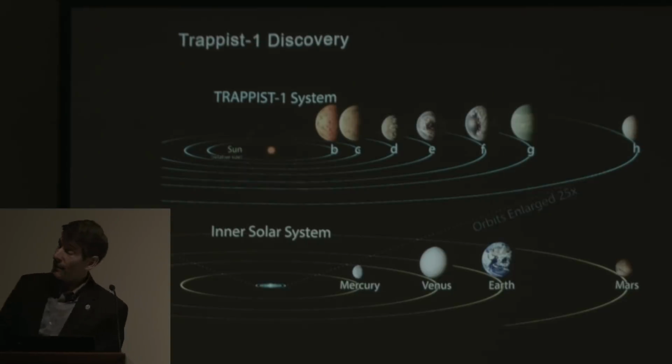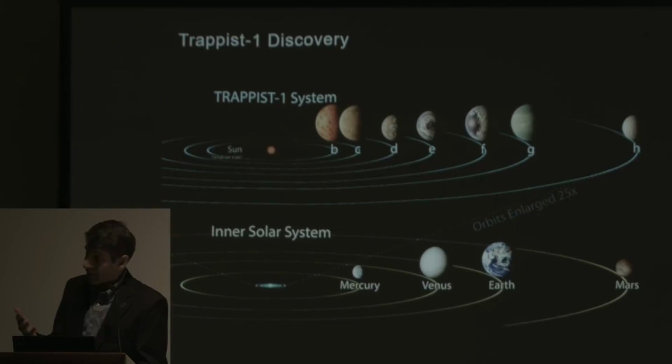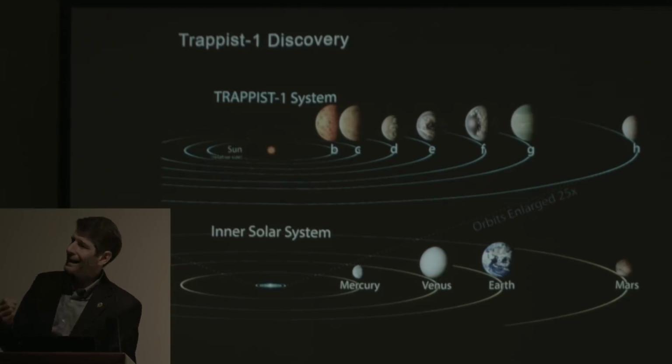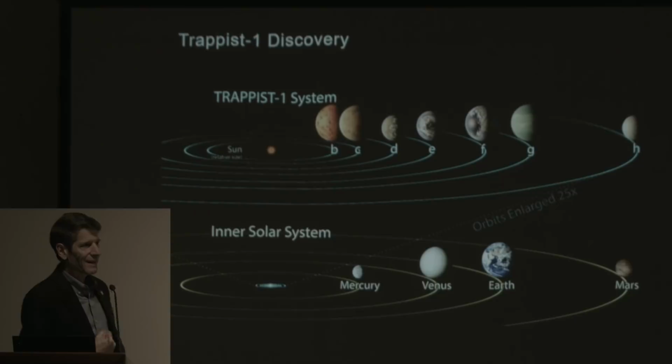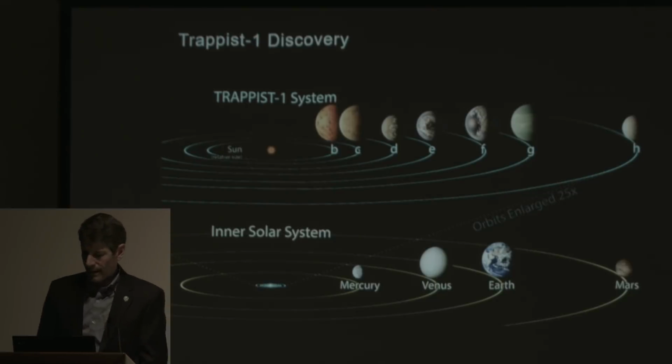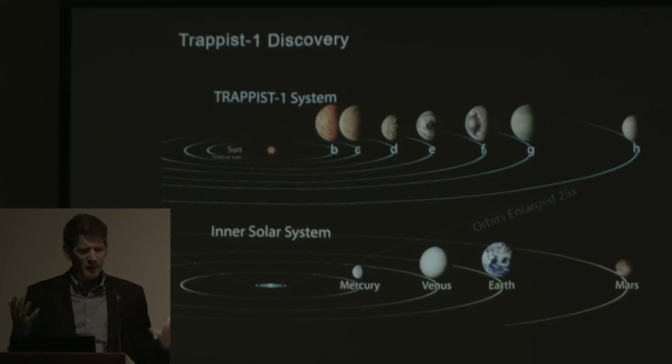M-dwarfs are the most common category of star that's out there. But again, we're finding that when we look with the right instrumentation, rocky exoplanets orbiting in the habitable zone are quite common out there. And this is profound, this is exciting.